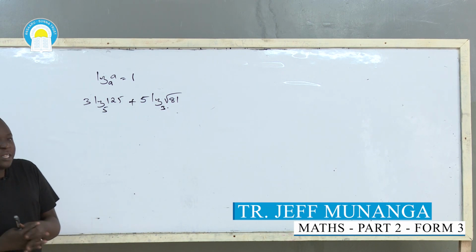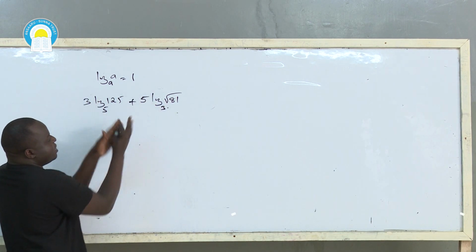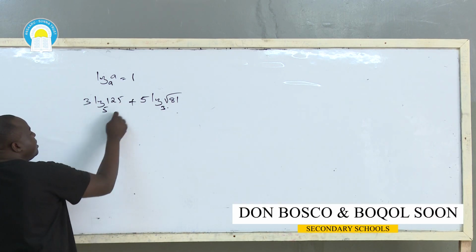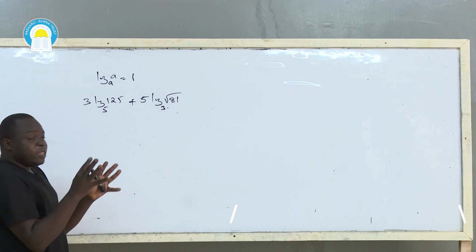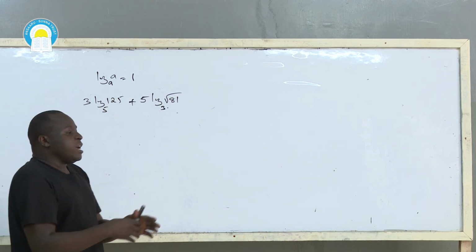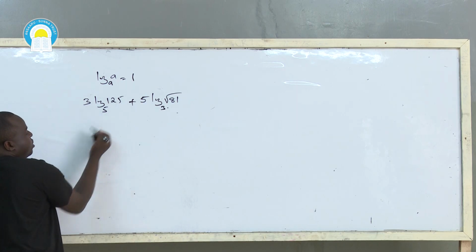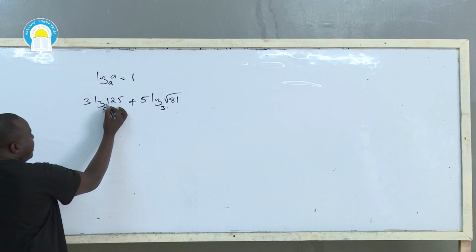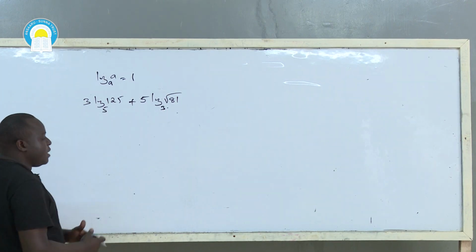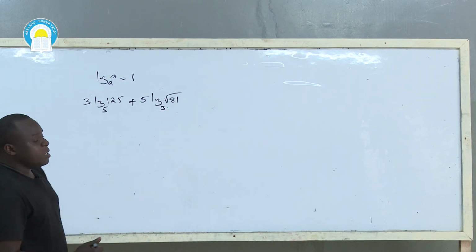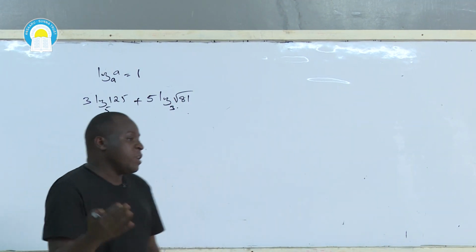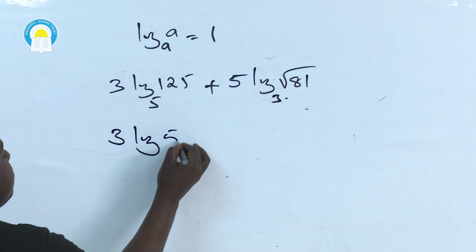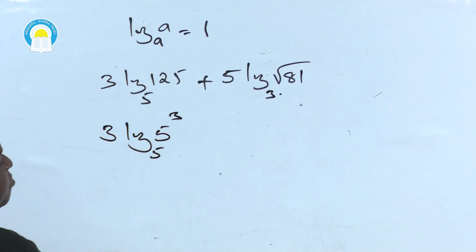The bases are different. When you're working out questions in such a form, what it simply means is try to work this on its own, this on its own, get the 2 answers, then add them. So for this question, I can see a 5 here. The first thing to think is, is there any way I can write 125 in terms of 5? Yes. 125 is the same as 5 raised to 3. So this statement here would be 3 log 5 raised to 3 base 5.